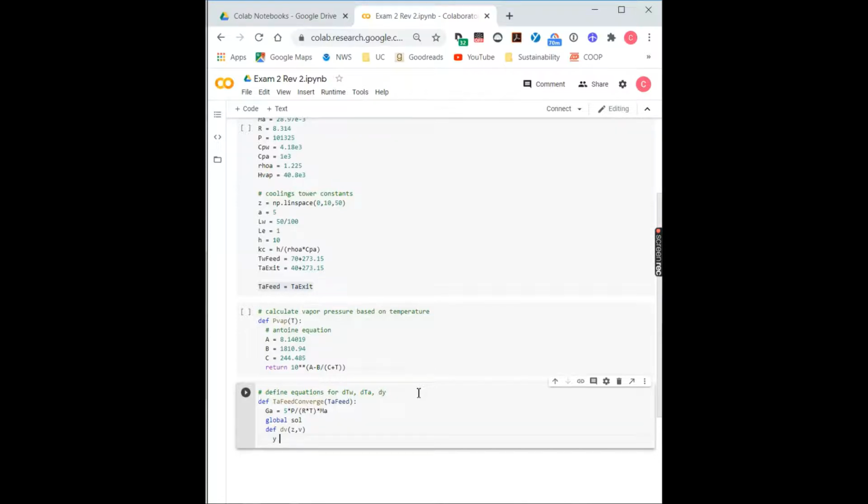The first value in v, at position 0, will be our mole fraction. The second value, at position 1, is the temperature of the water. And our third value, at position 2, will be the temperature of the air.